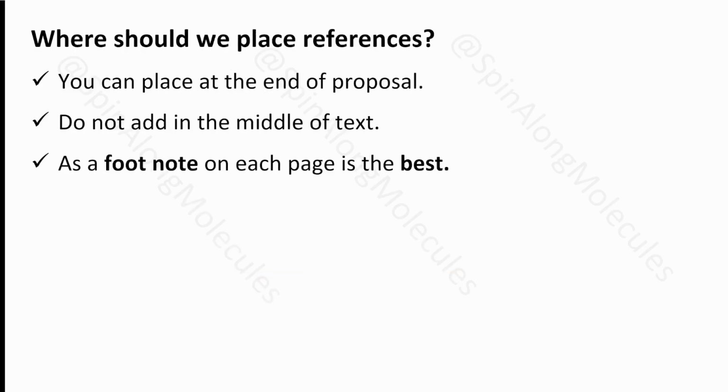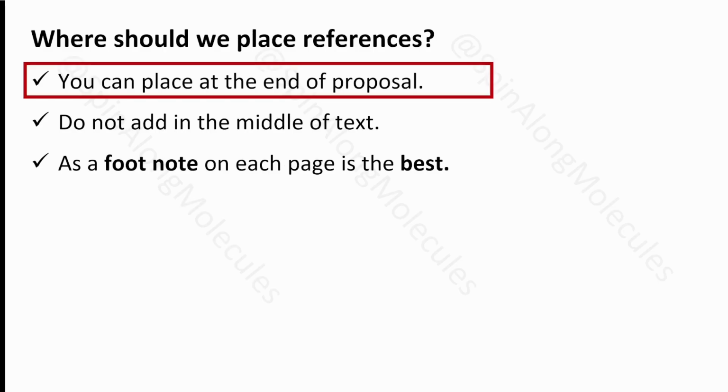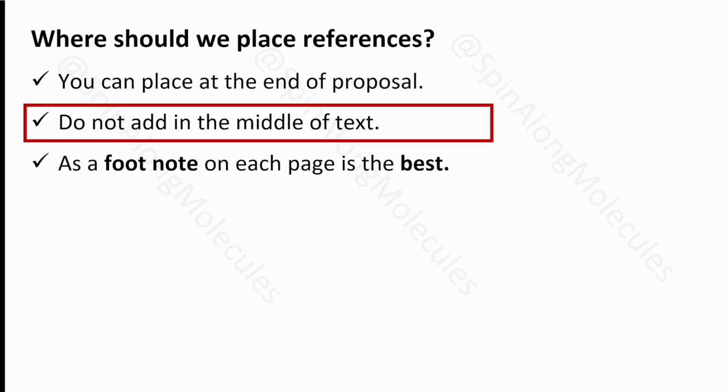And next is where we should place the references. Normally in proposals or scientific publications, we write them at the end. But for MSCA, because the end of the proposal is totally different, like implementation, it may not be a suitable place. I have seen some people adding references within the text. I would not recommend this.